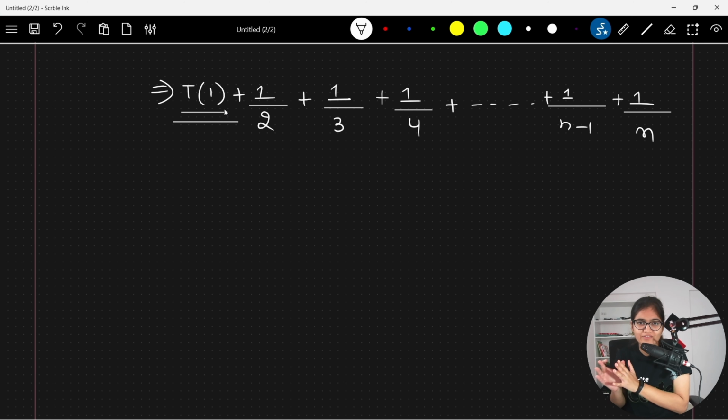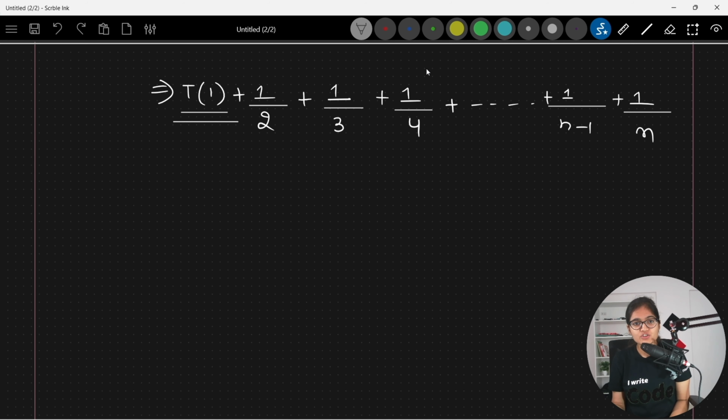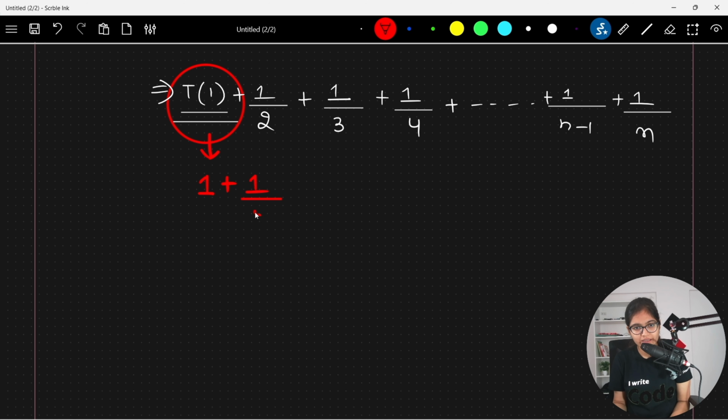We are already aware of this concept. So we can replace this value of t of 1 with 1, plus the same thing: 1 by 2, 1 by 3, 1 by 4, and so on, until 1 divided by n minus 1 plus 1 divided by n.